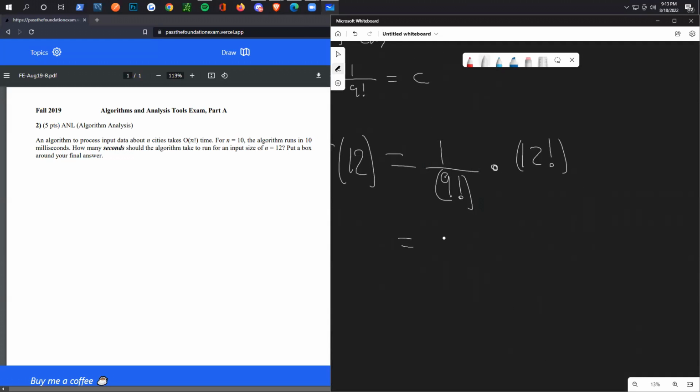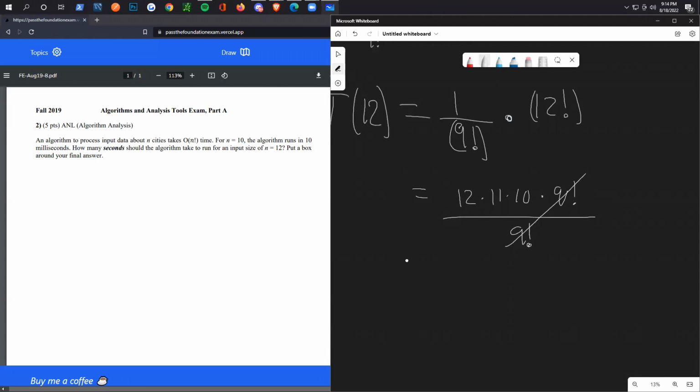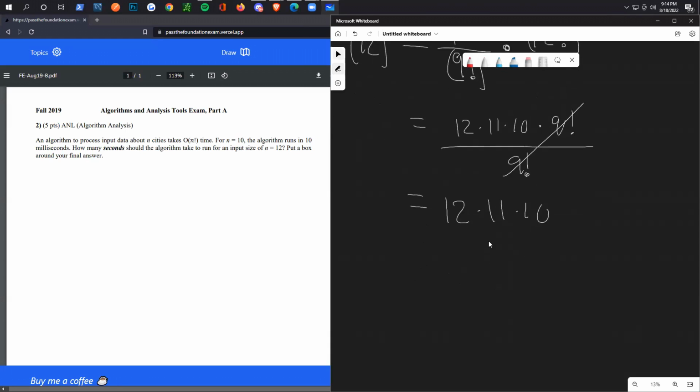So if we think about it, 12 factorial is really 12 times 11 times 10 times n factorial. And n factorial can just be n factorial. You can just divide both of these out. So really, you're just going to end up with 12 times 11 times 10.